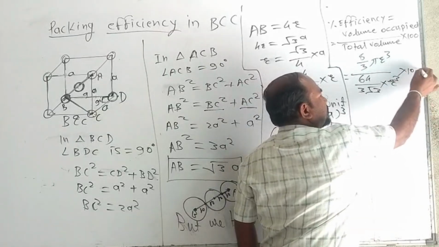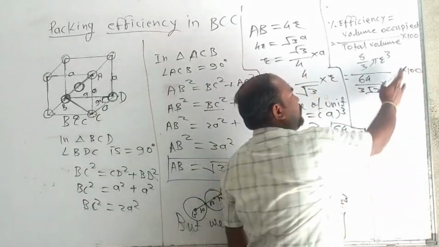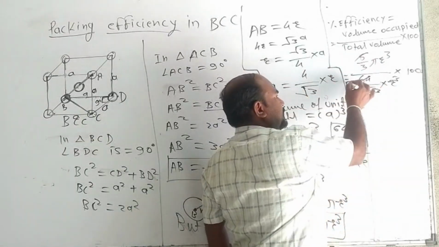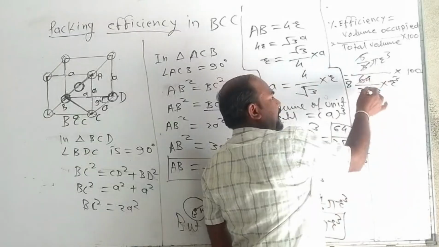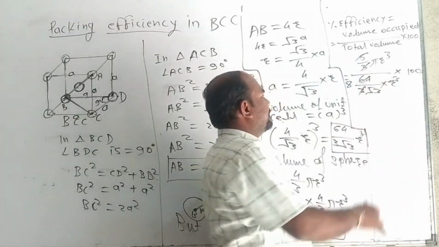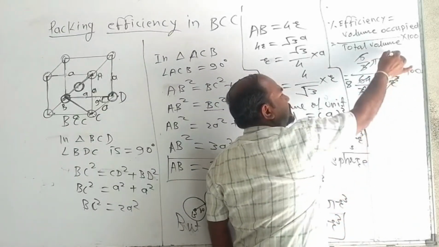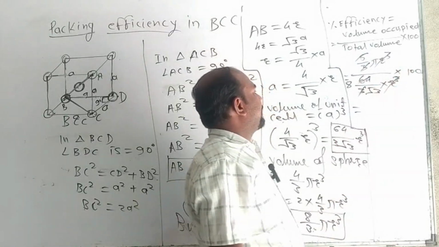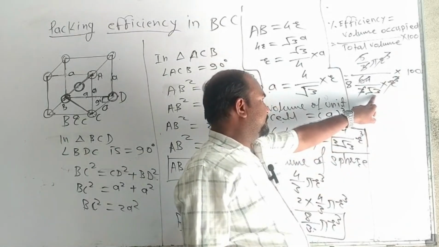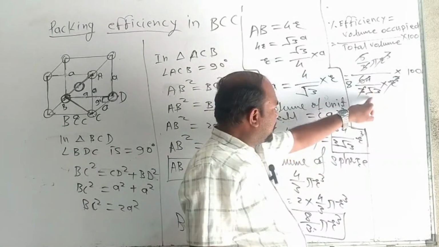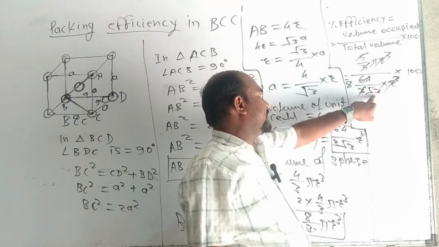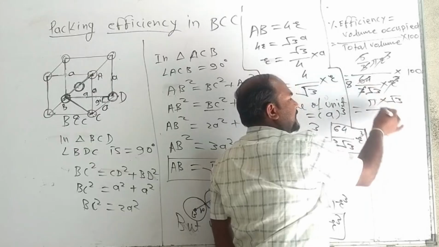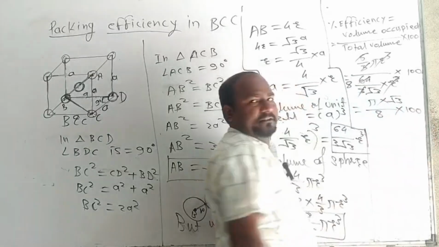Now 8 into 8 is 64. This 3 and this 3 will cancel. Again this root 3 and this root 3 will cancel. What remains here is root 3 on the denominator. We get pi into root 3 upon 8 into 100.